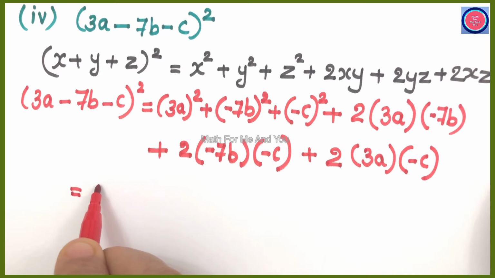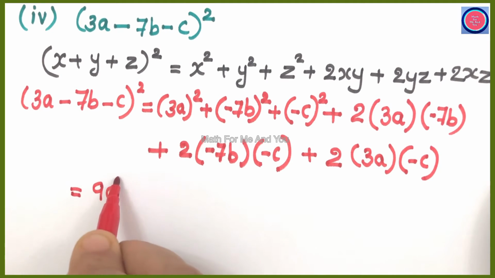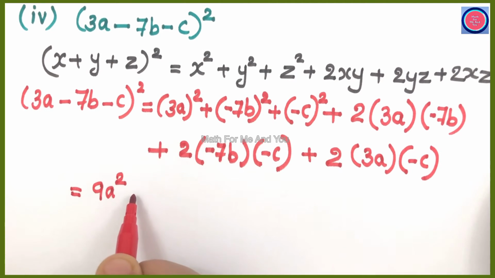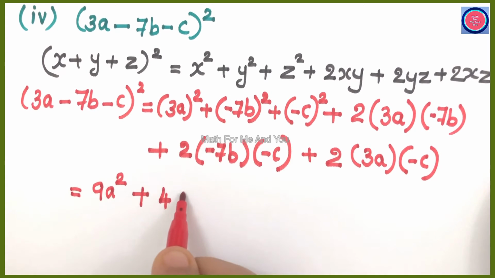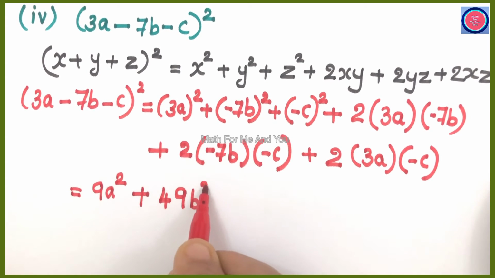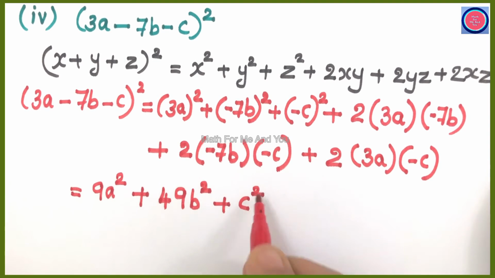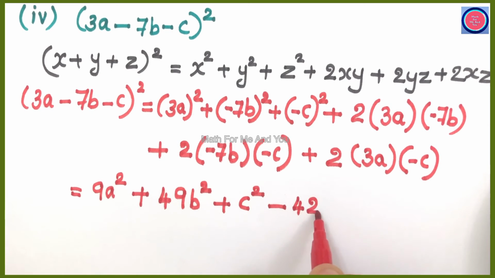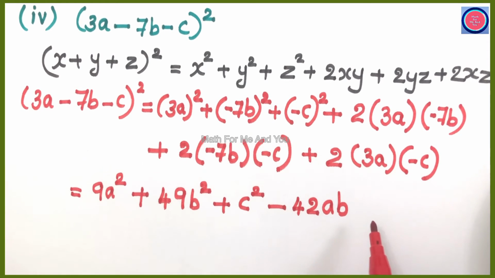Now we can simplify each bracket. (3a) the whole square is 9a square plus (-7b) the whole square becomes 49b square, (-c) square becomes plus c square. Next we multiply the numbers first. 2 times 3 times -7, 6 times -7 is -42, a times b is ab, so the term is -42ab.